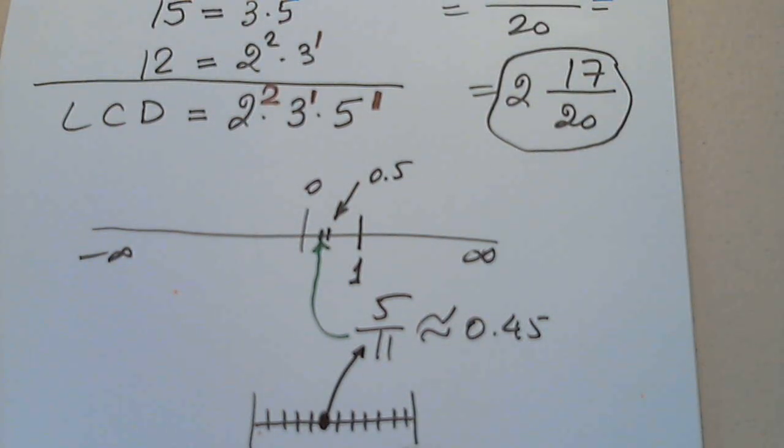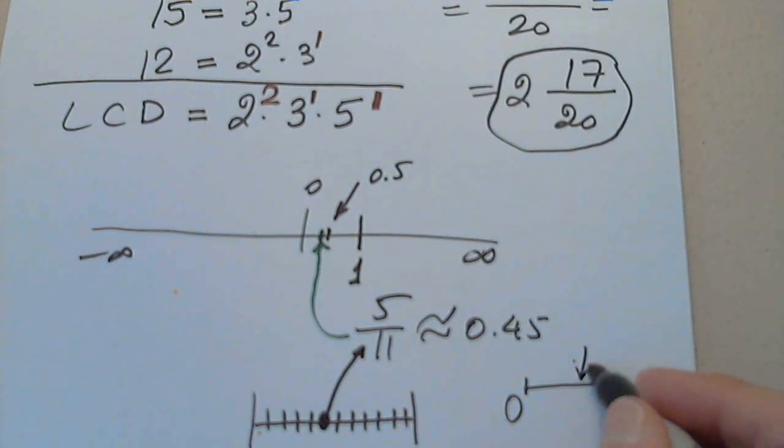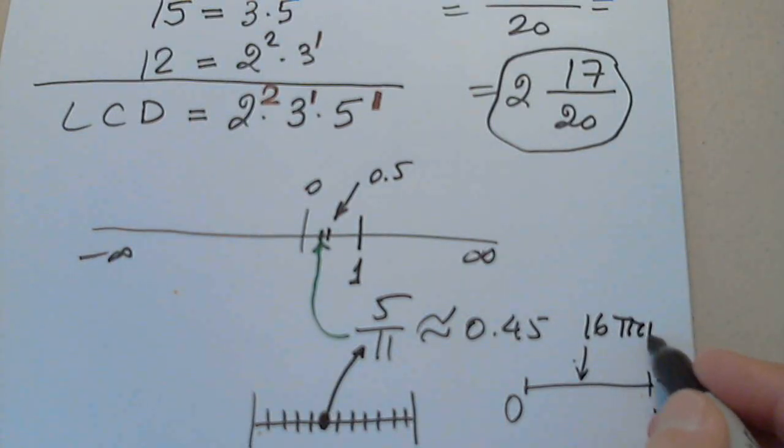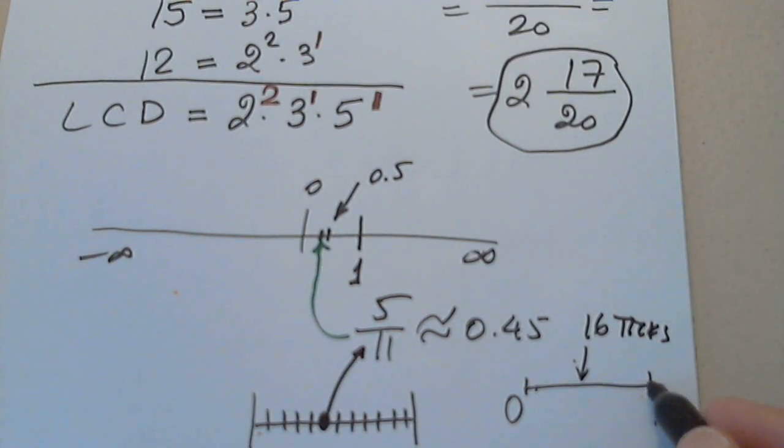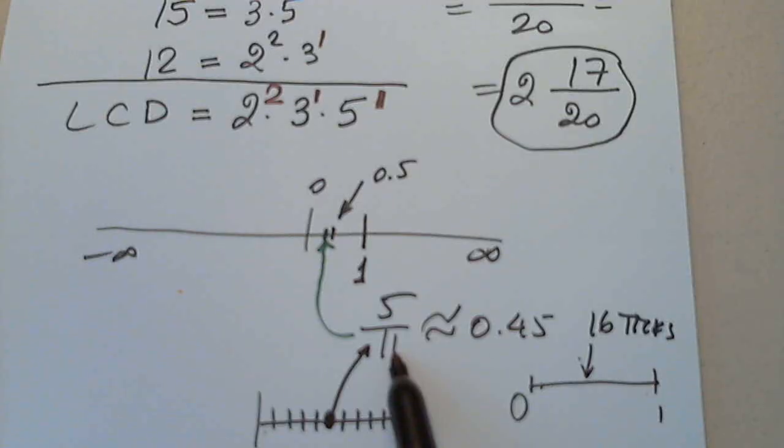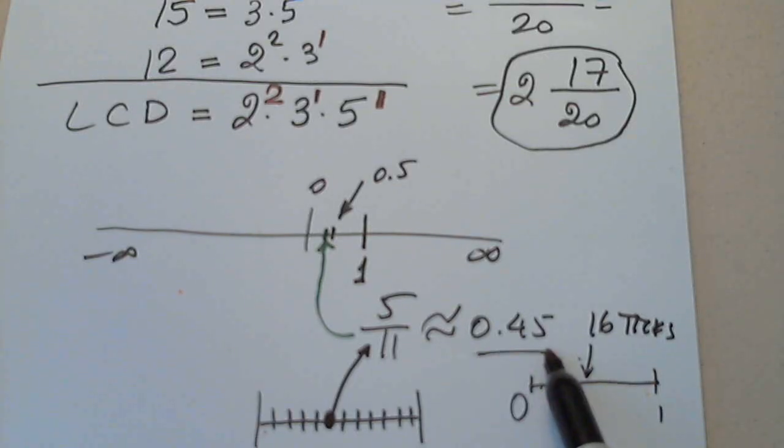I divvy up like from 0 inches to 1 inch. We have 16 ticks. The same thing here. Now we have 11. Now, normally when we represent intervals, we're not going to do this.